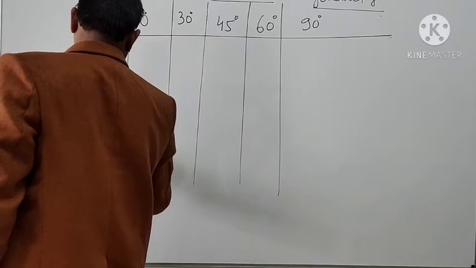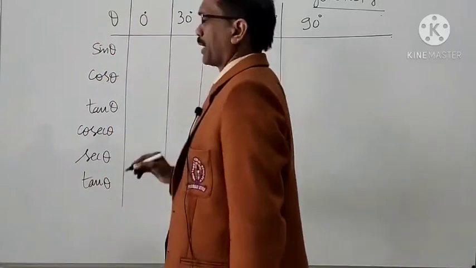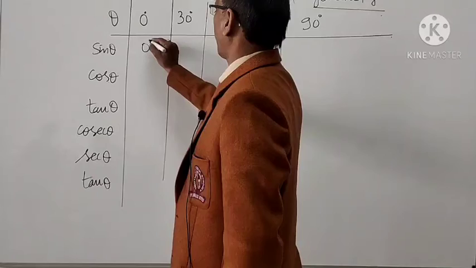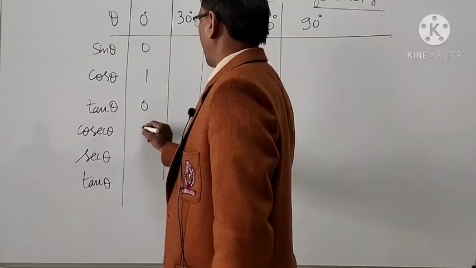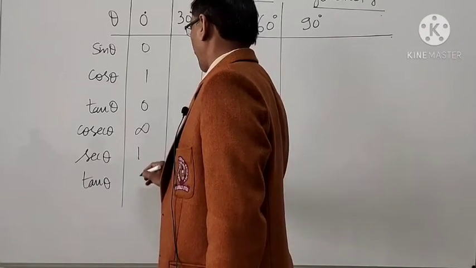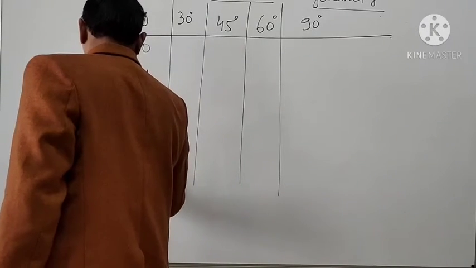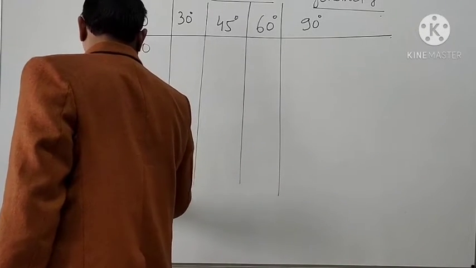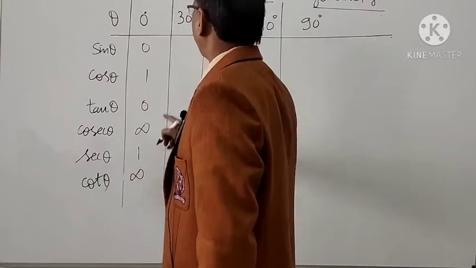cosec, sec, tan and cot theta. At 0 degree: sin 0 is 0, cos 0 is 1, tan 0 is 0, cosec 0 is infinity, sec 0 is 1 and cot 0 is infinity.